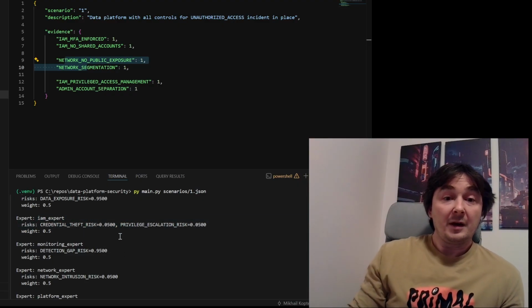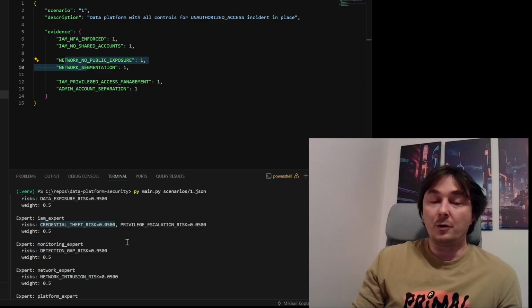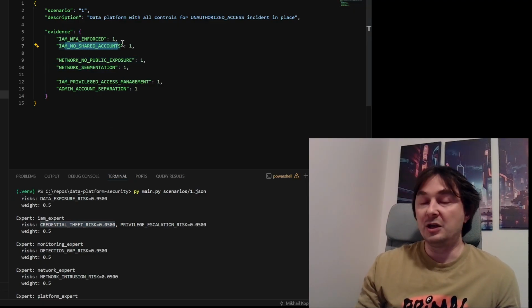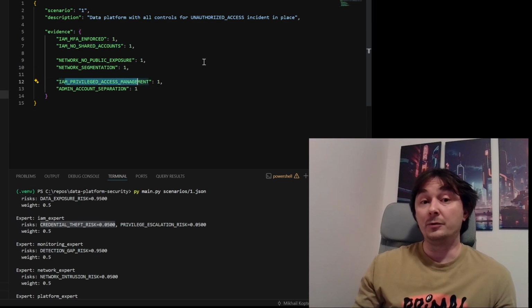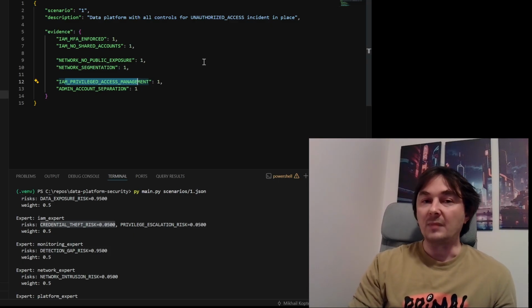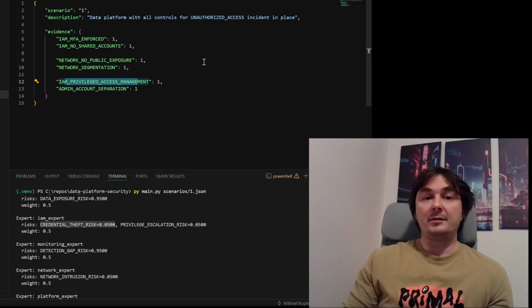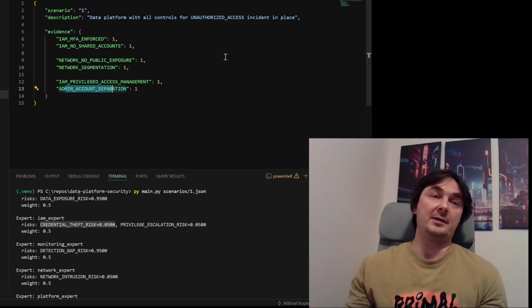here it is, we will see that the credential theft risk is actually quite low, because we have two-factor authentication, and each account is individually assigned, and then on top of that, each of the accounts that does exist in this theoretical platform has a very strict number of permissions assigned to it, and on top of that, the admin accounts are separated.